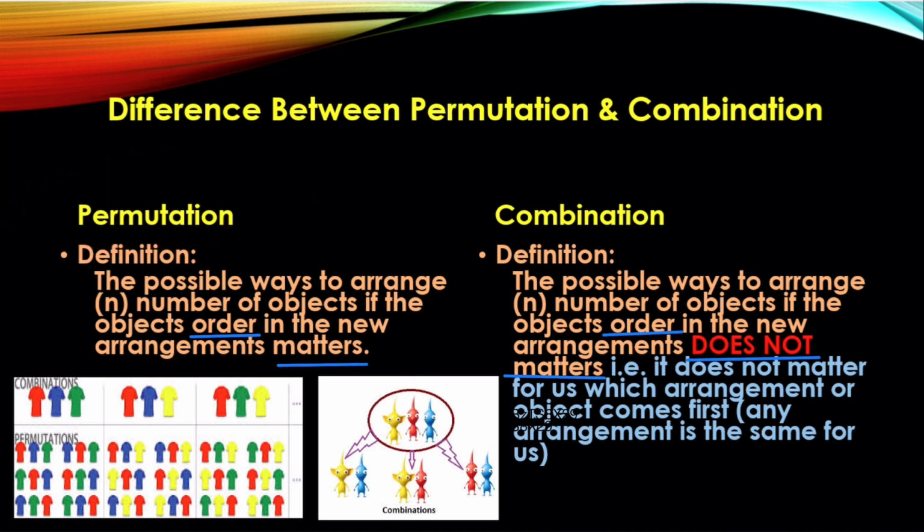But if I have a team and I have one captain already selected, and I need to choose two co-captains, does it matter which one comes first? Here, remember that I'm talking about the new arrangement, not the original objects which I have.